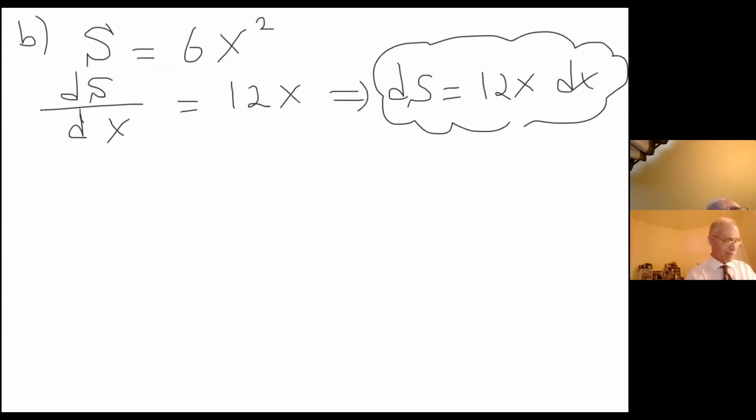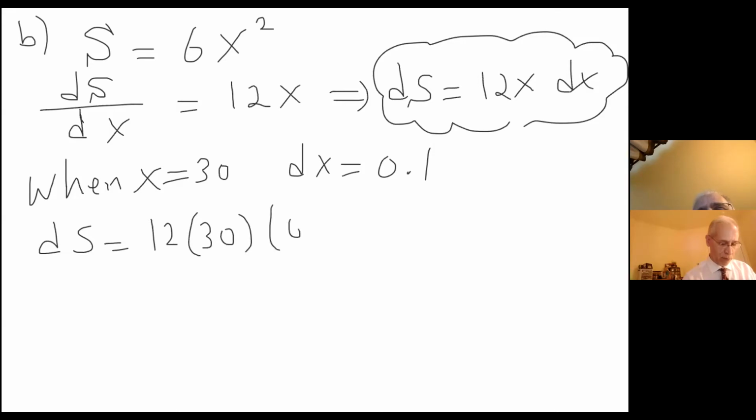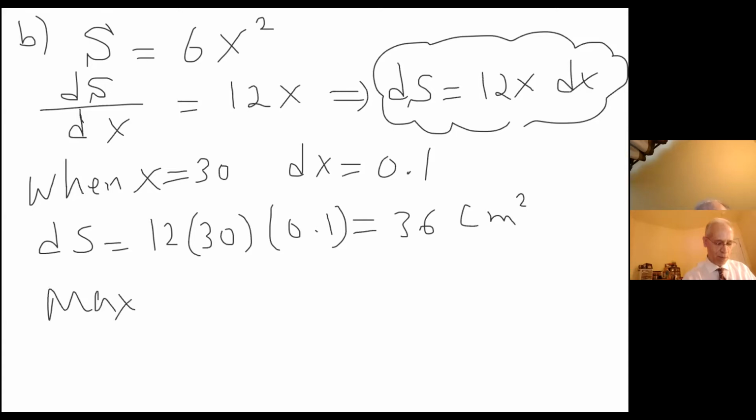So here I'm going to say that when x equals 30, and when change of x or dx equals 0.1, then dS equals 12 times 30 times 0.1, that equals 36 centimeter squared, and that is the maximum possible error.